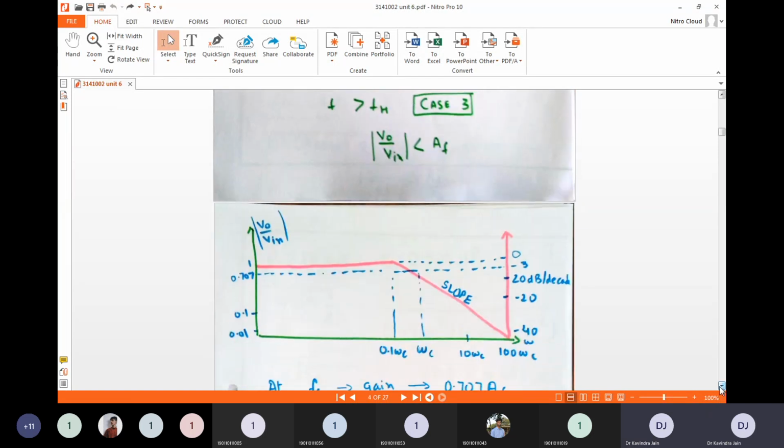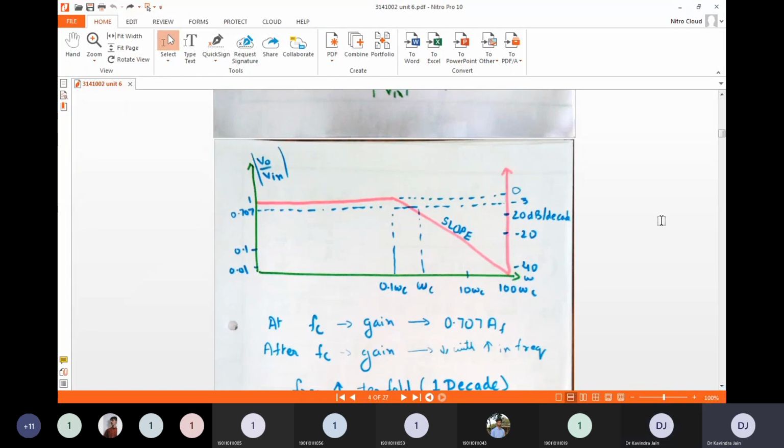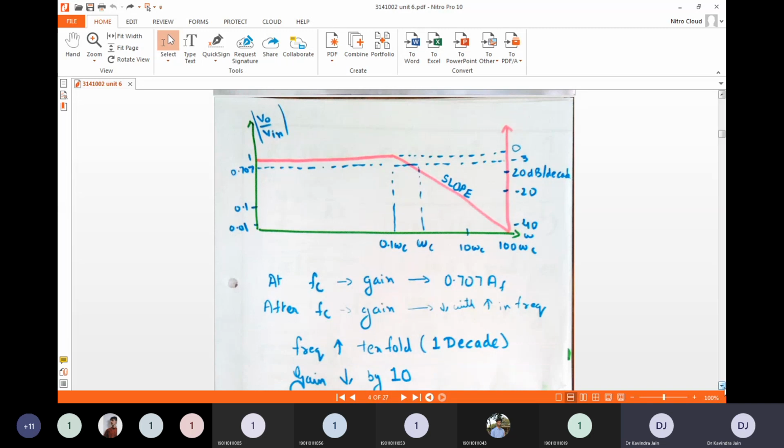So as you can see in the graph, when our frequency is increasing tenfold, that is 1 decade, our gain is decreasing by 10.